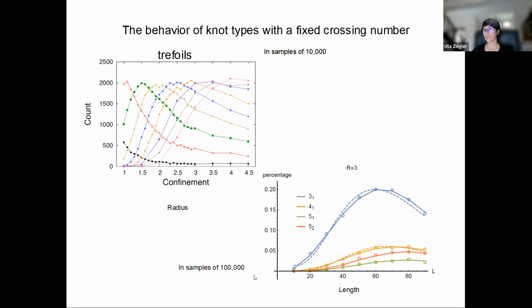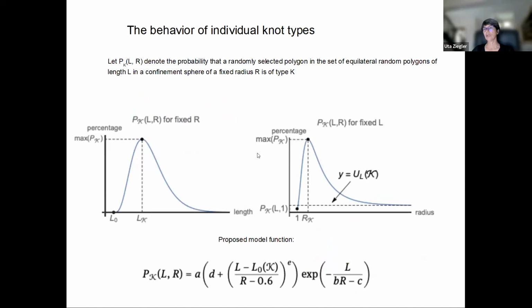And here the sample is out of 100,000. So we see a lot of those. I just show you a few pictures, but we have lots of pictures for various knot types, very similar.